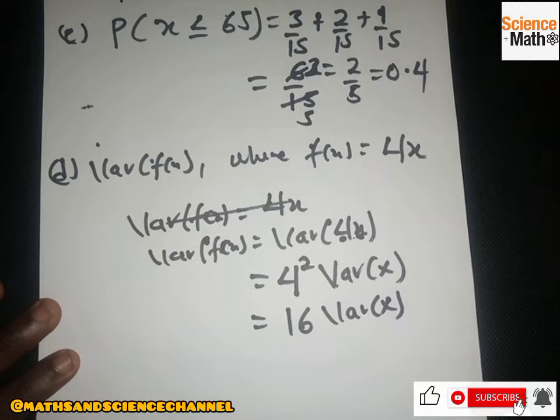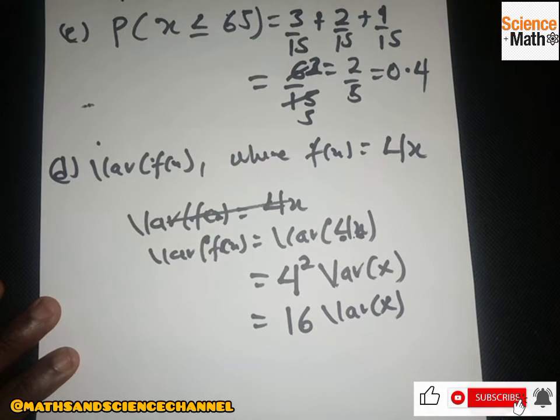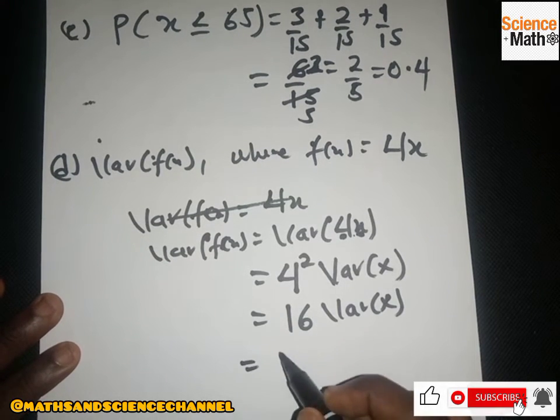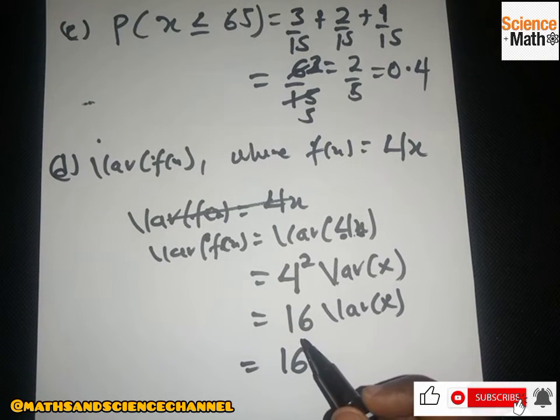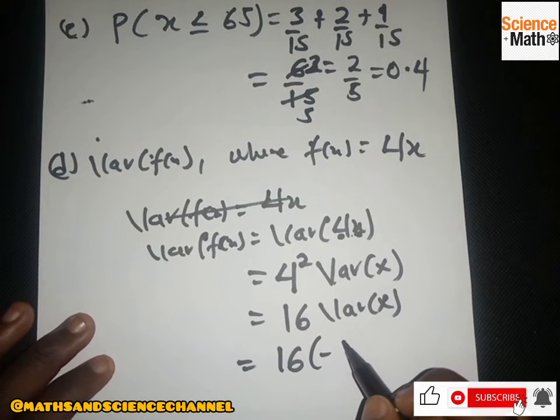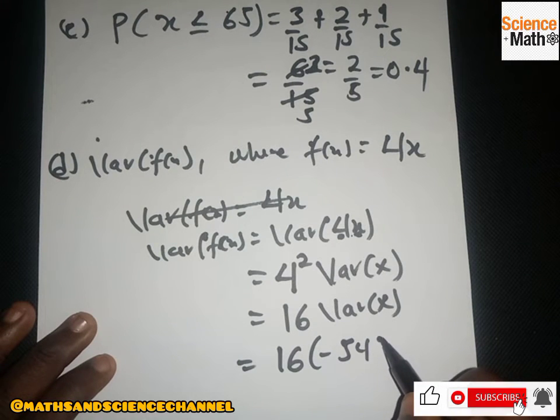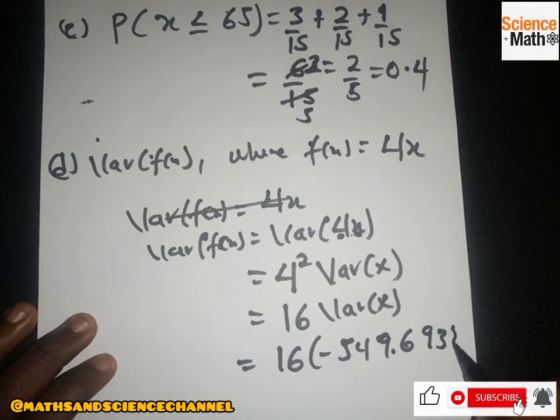Now we calculated the variance of s after we calculated the mean. The variance of s here we had to be negative 549.69333.